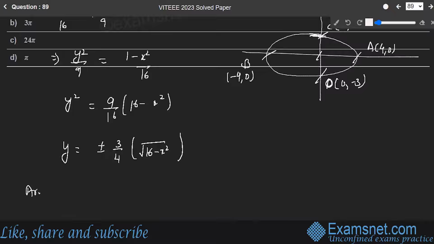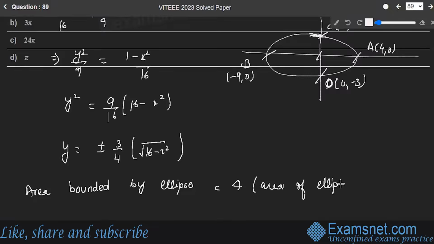Now, because the ellipse is symmetrical, area bounded by the ellipse is 4 times the area of the ellipse in the first quadrant. So let's find out this area, then we'll multiply it with 4.